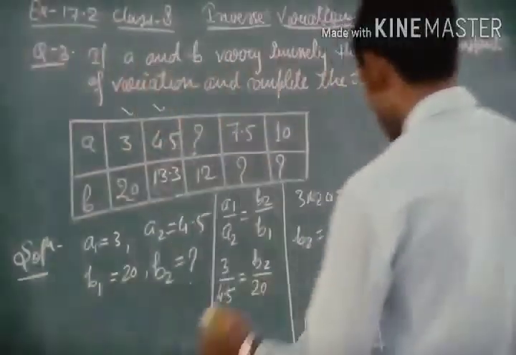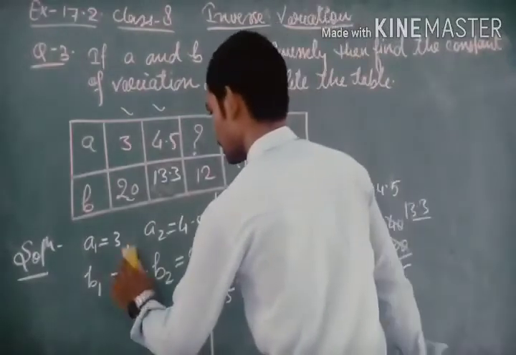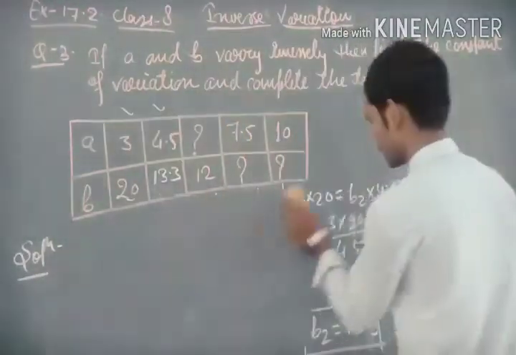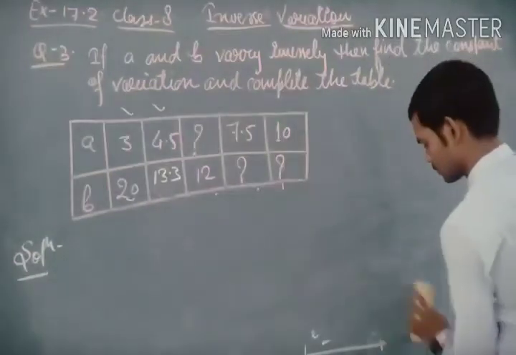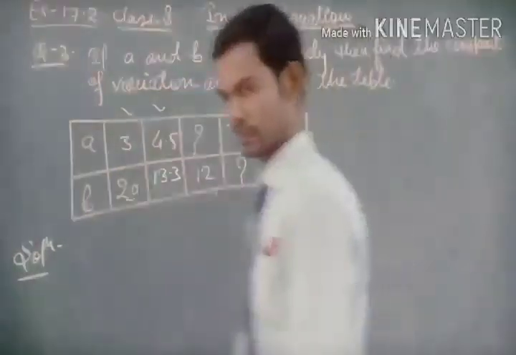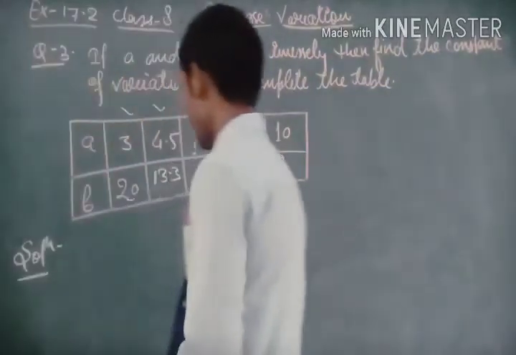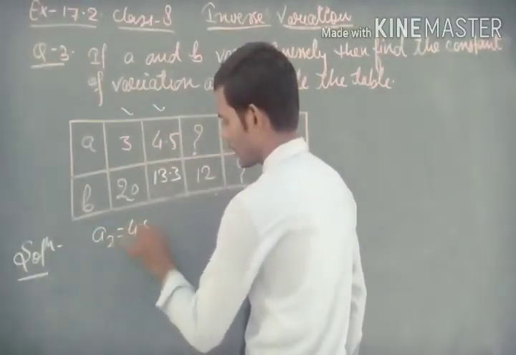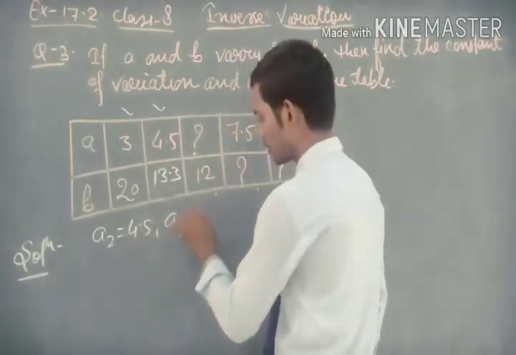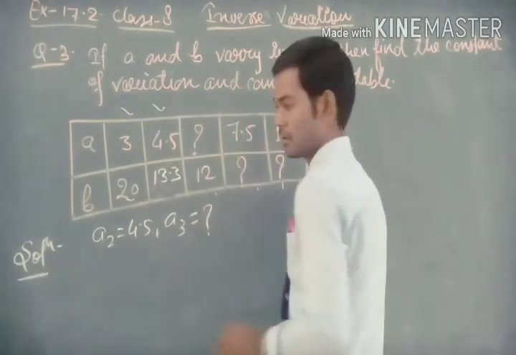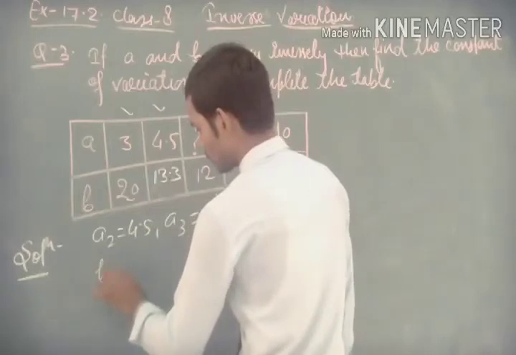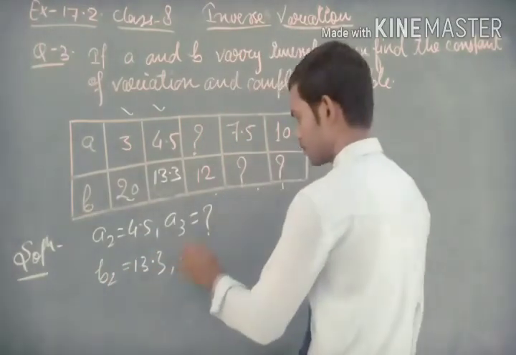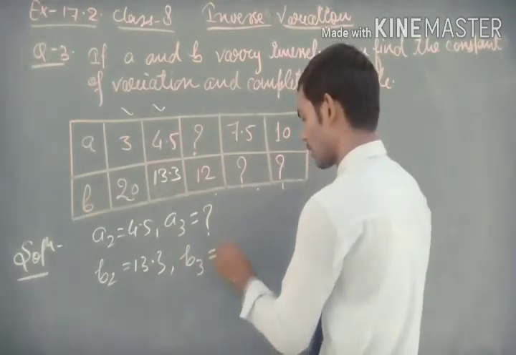So here we write A2 is equal to 4.5, A3 is what we have to find, B2 is equal to 13.3 and B3 is equal to 12.